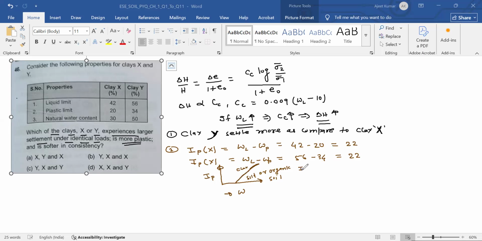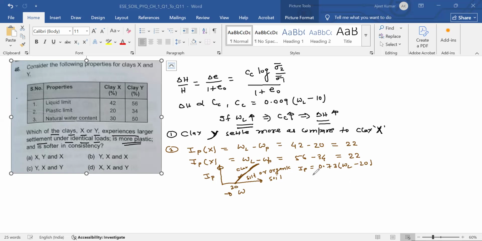According to this, the equation of the A line is IP equal to 0.73 times (WL minus 20).